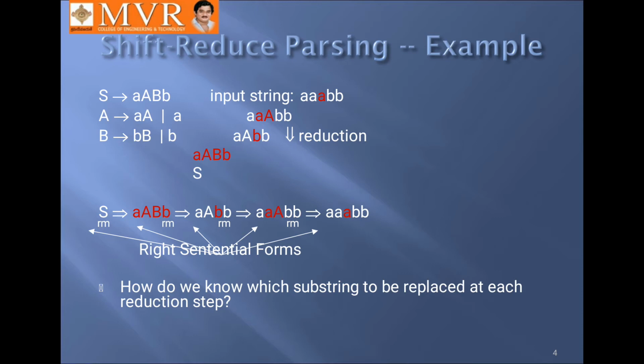Here the input string is a b a A b. After reduction we get a in the place of S, A, B and B as shown on the screen.